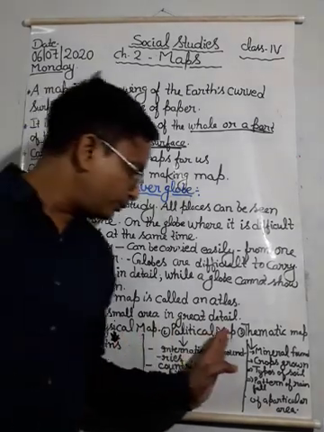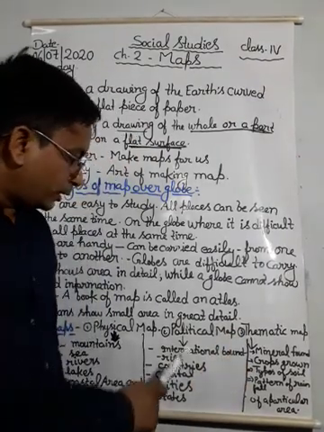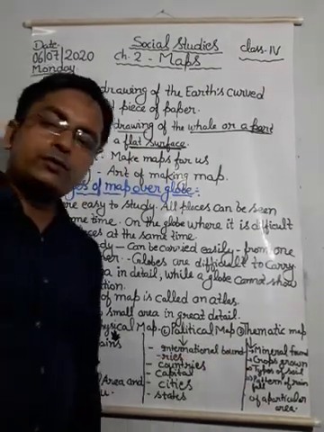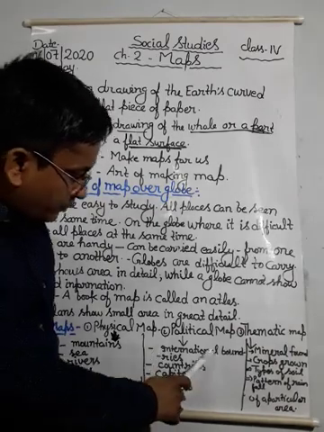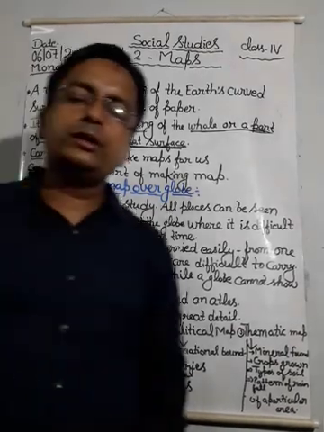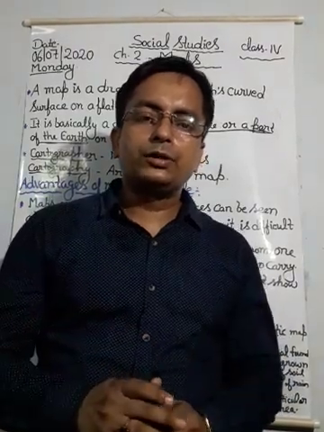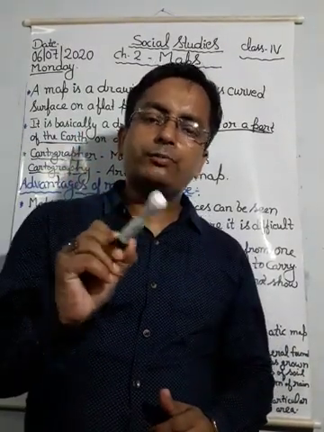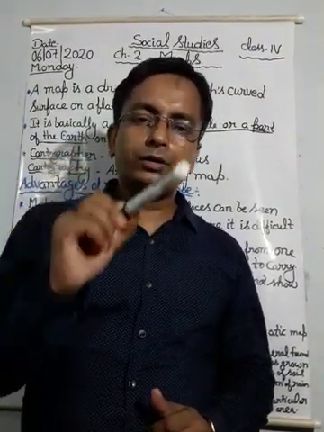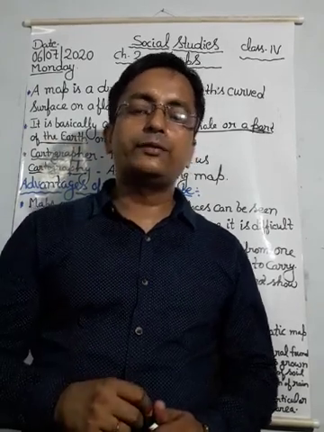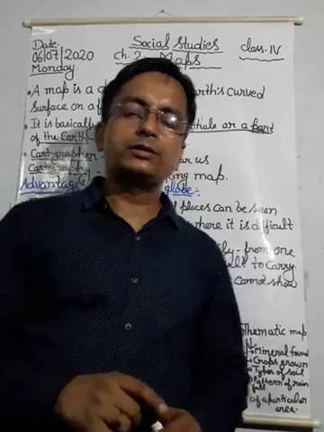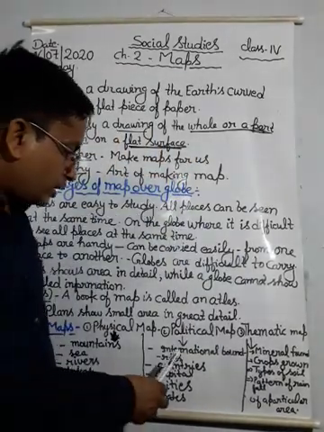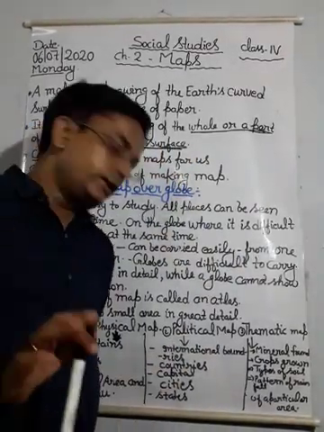And in a political map, what can we show? In a political map, international boundaries. Dear student, political means the boundary of a country, the boundary of a place, the boundaries of different countries. With the help of this map we can locate the political boundary. That's why it is called a political map.